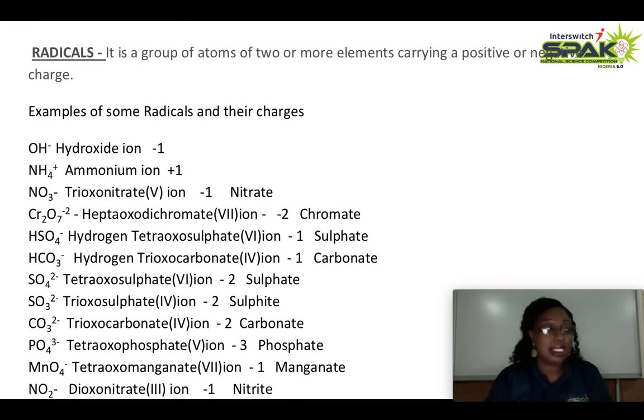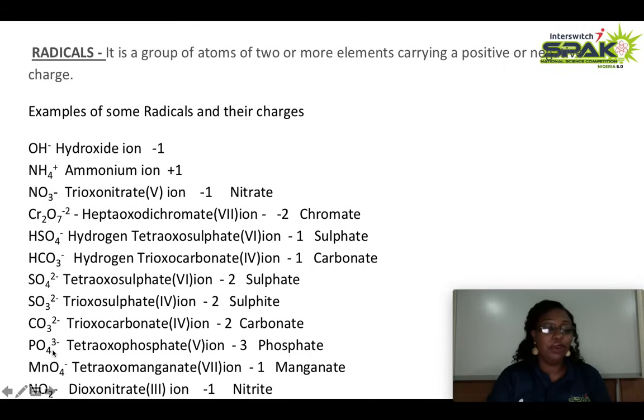Cr2O7 2 minus. So this reacts with atoms or other elements, and compounds are being formed. For example, if you have calcium reacting with tetraoxophosphate(V) ion, calcium is Ca2 plus.